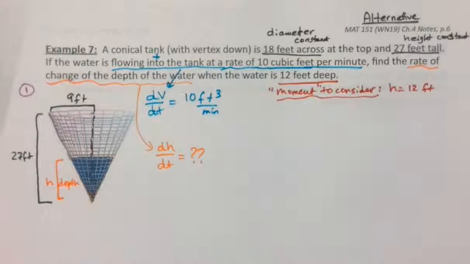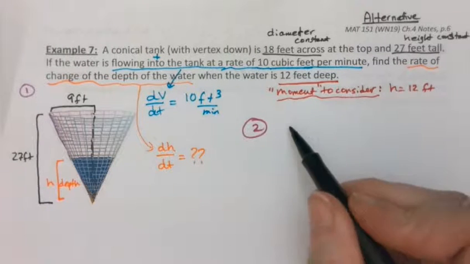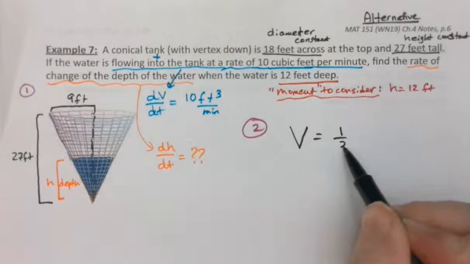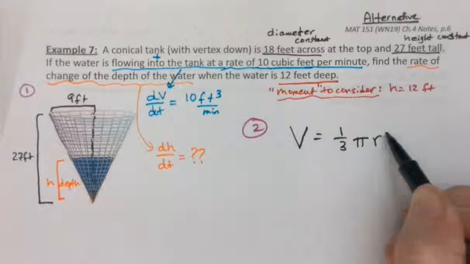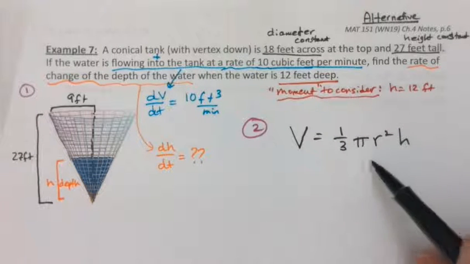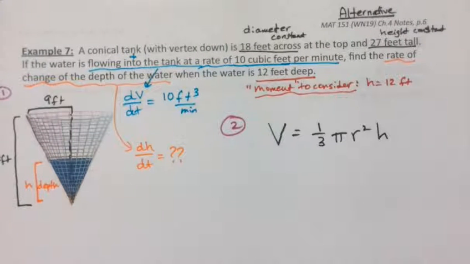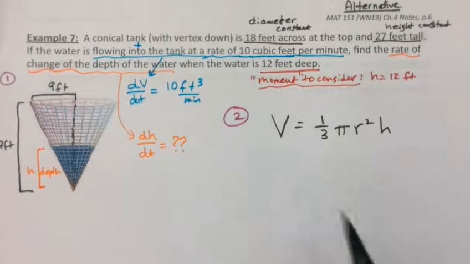Now we have to consider step 2. We need some kind of formula for all of this. And of course, the formula for volume of a cone is a geometry formula, and it's volume equals 1/3 pi r squared h. Or if you will, it's pi r squared h over 3. Okay, so we can use this formula.